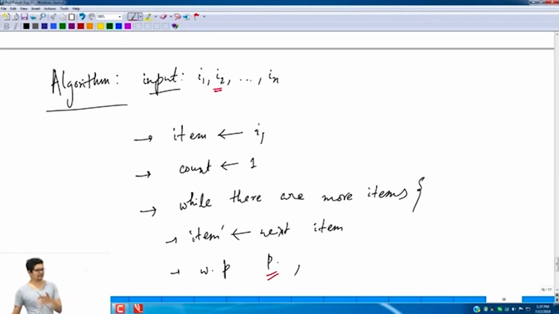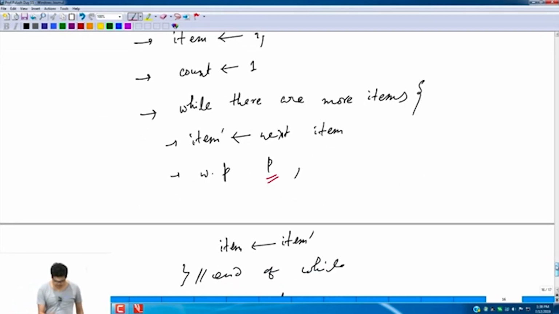Again, whenever you see the next item, item 3, again with probability P you overwrite the item you have, and with probability 1 minus P you just leave it as it is. Sure? And you just keep doing this. So at no point do you need to know n.